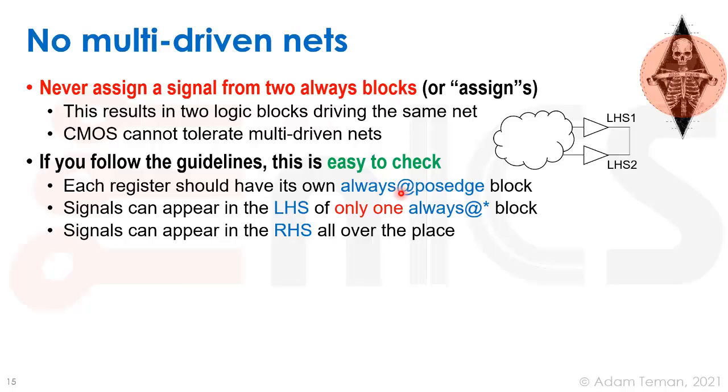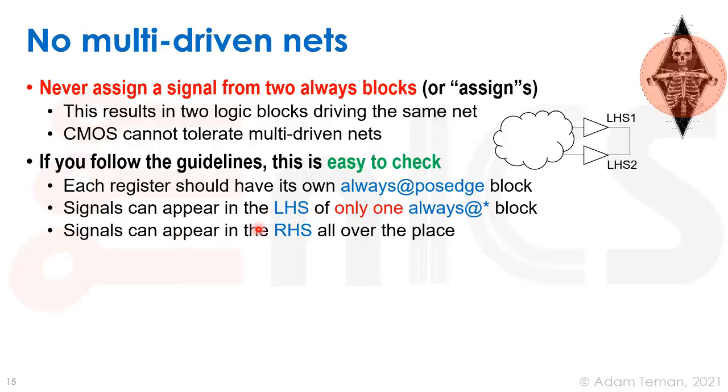It's really easy to do a find and see that the register is on the left-hand side only in its own very clear always at pos edge block. Signals can appear on the left-hand side of only one always at star block. So again, you look for the signal name, and you'll see it appears in only one always at star block.